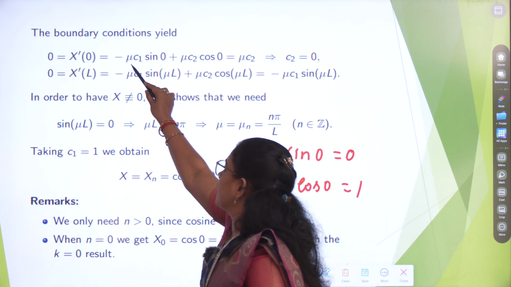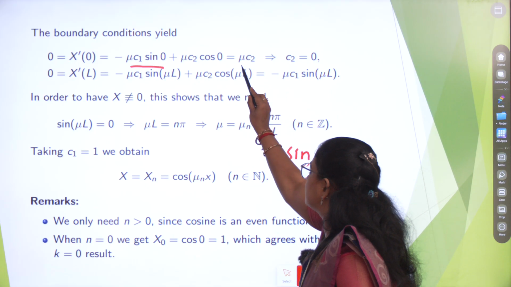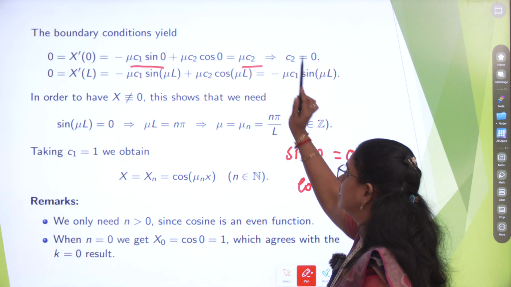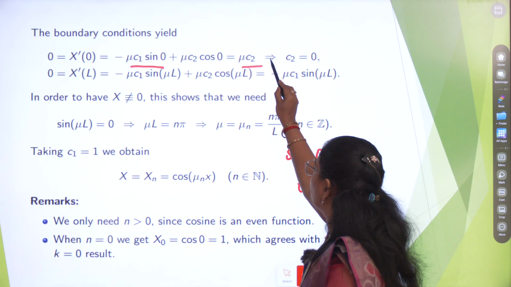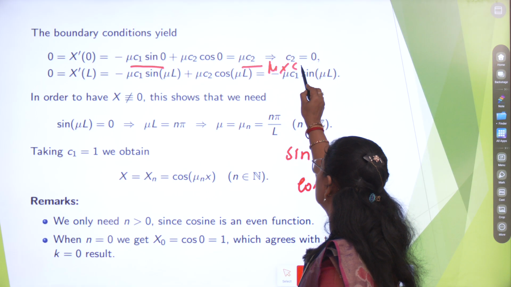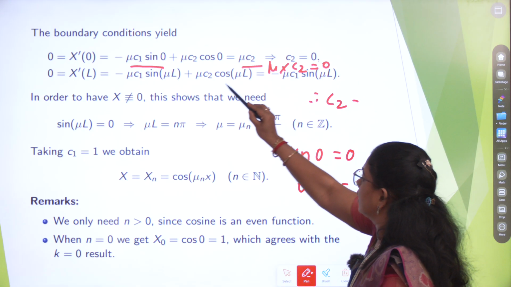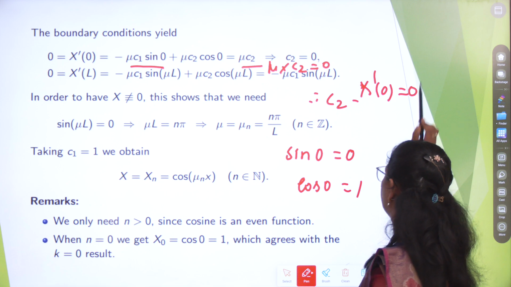So this term vanishes and we get mu c2. So mu into c2 is equal to 0, therefore c2 equals 0, giving the condition x dash of 0 equal to 0.